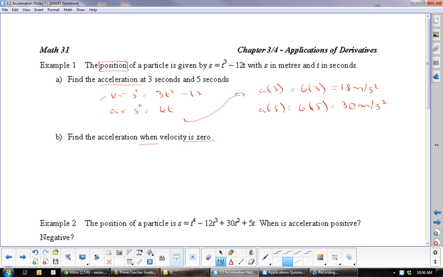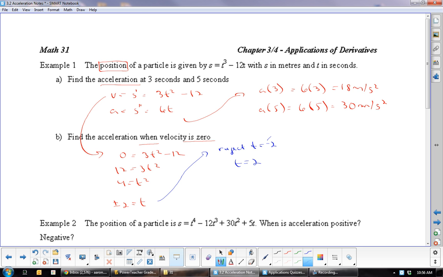So if we use the velocity we already found, 0 equals 3t squared minus 12. 12 equals 3t squared, divided by 3, 4 equals t squared. Take the square root of both sides. You'll get plus or minus 2 equals t. Because we're never going to be dealing with negative time, we will reject negative 2, and t equals 2.